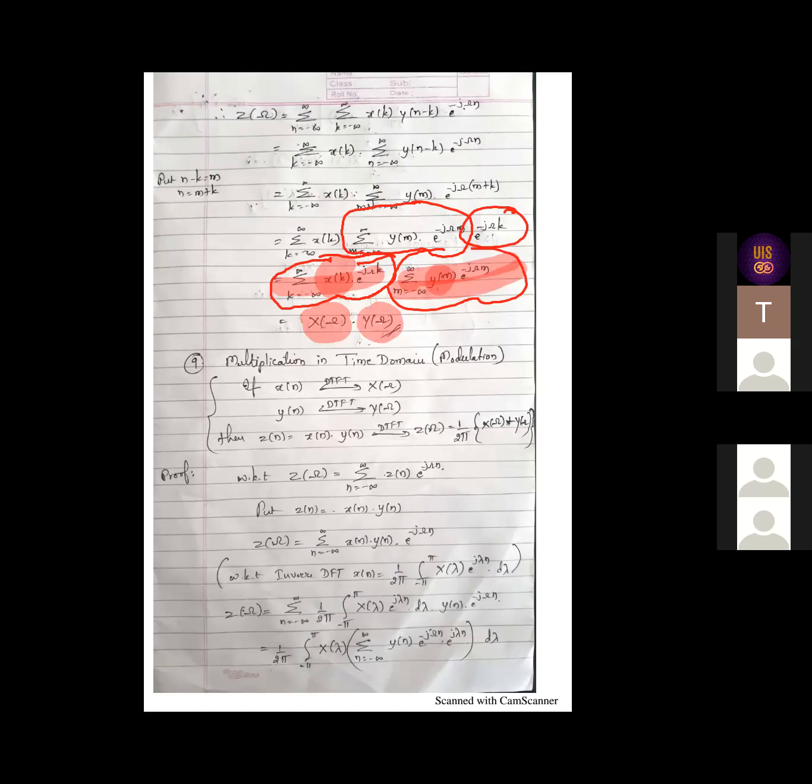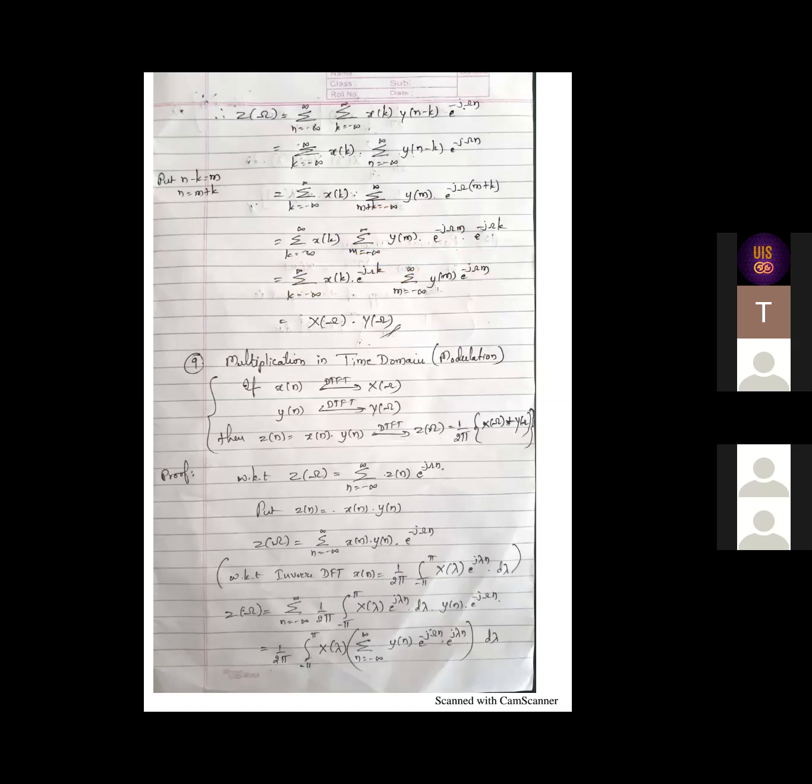So we can summarize that if in the time domain the signals are convolved, then in the frequency domain their Fourier transforms get multiplied. You can observe here. So this is about convolution.